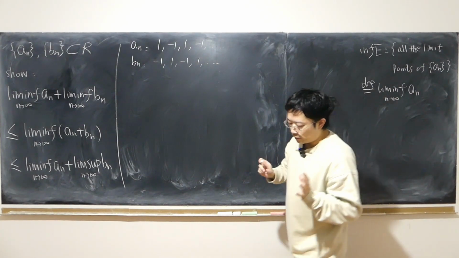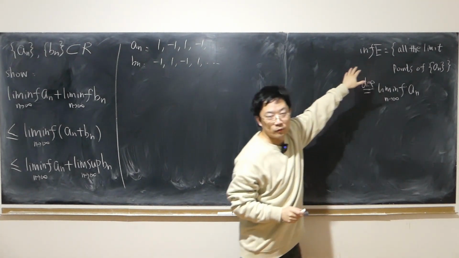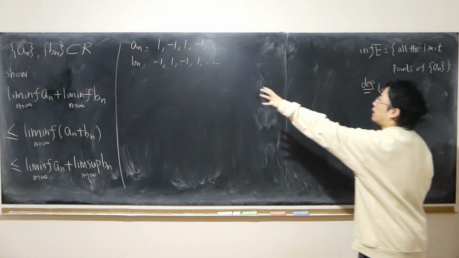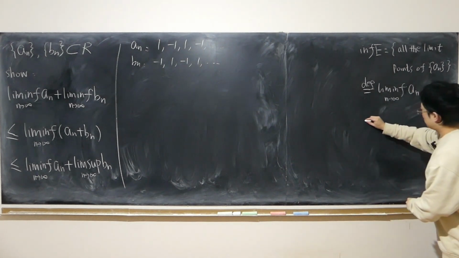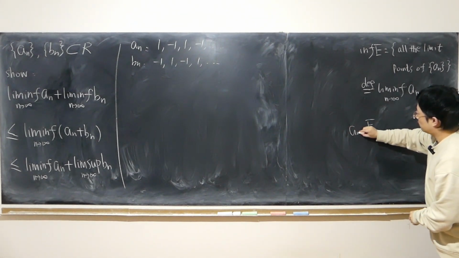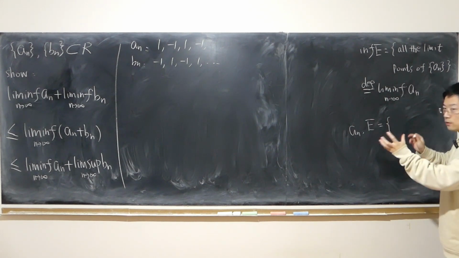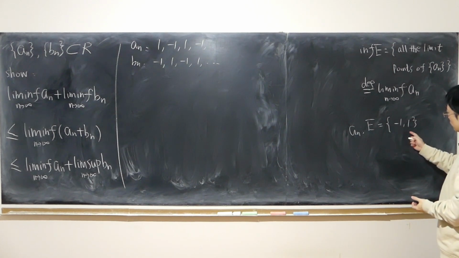So again, let's recall the meaning of inf. What it means by the infimum of a set E. So, for example, here I have for a_n, the set E is in fact all the limit points, that is just two elements, -1 and 1.